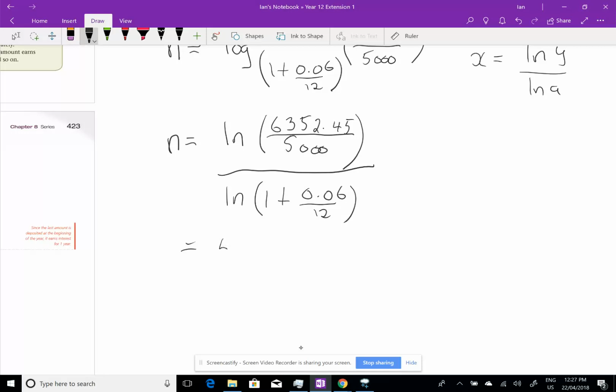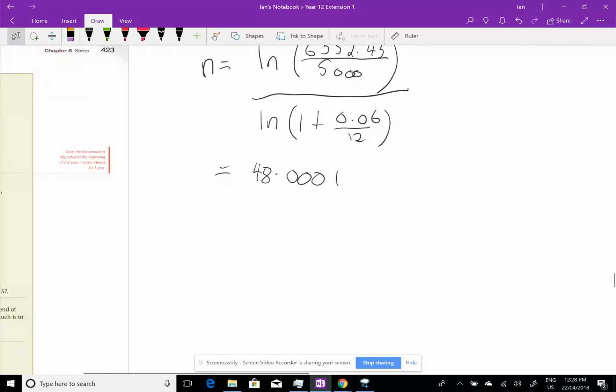And I get 48.0001. Now I know as soon as I get that, I'm pretty much right because they've done this calculation and worked it out in reverse to get this number. And they want it to be pretty damn close to a whole number, which is 48 to 4 decimal places. And then I know that is months.